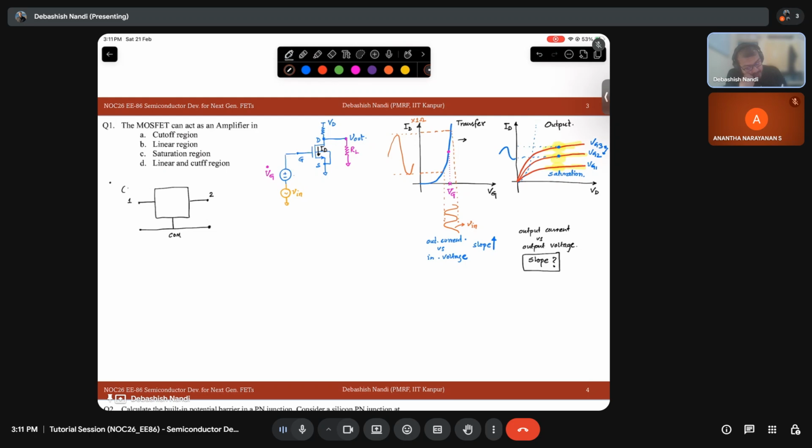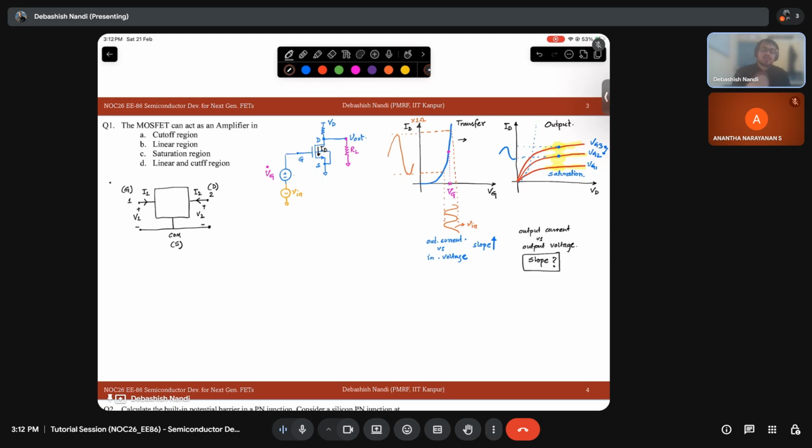In the MOSFET parlance, this is gate, this is drain, and this is source. Fine. So this is, let's say, V1, this current is I1, this current is I2, this voltage is V2.